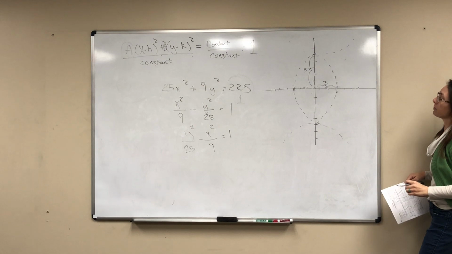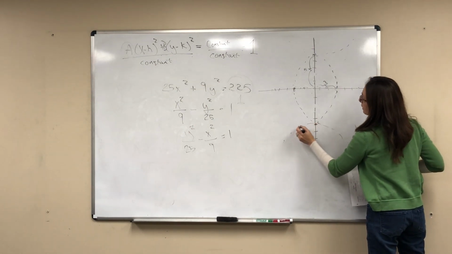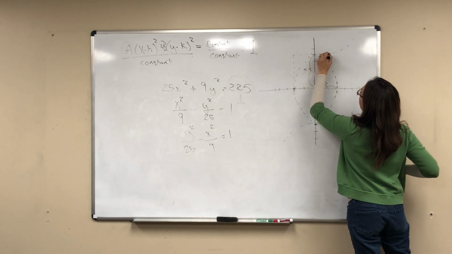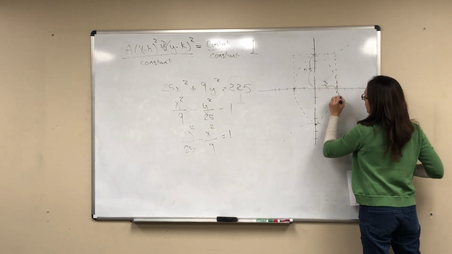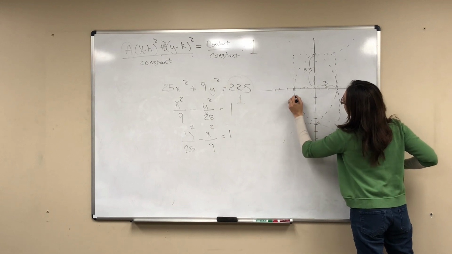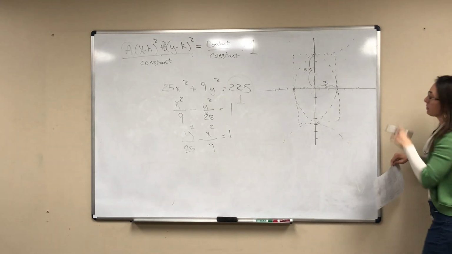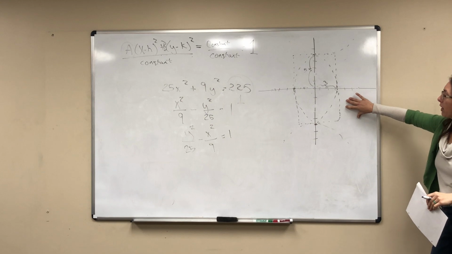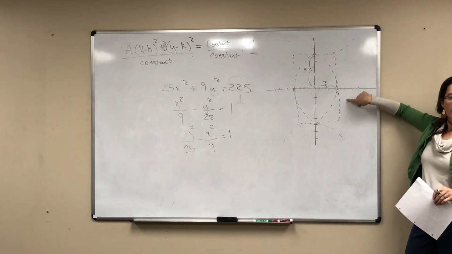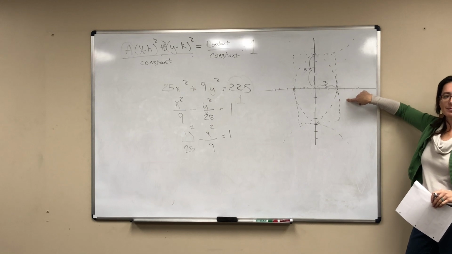Instead of drawing an ellipse in there, we are going to draw a square. We are going to connect these points with a square, okay? So now I have my square. When I add them together, my ellipse fits inside my square, right?